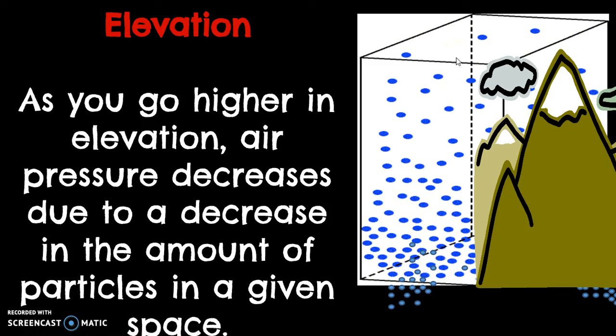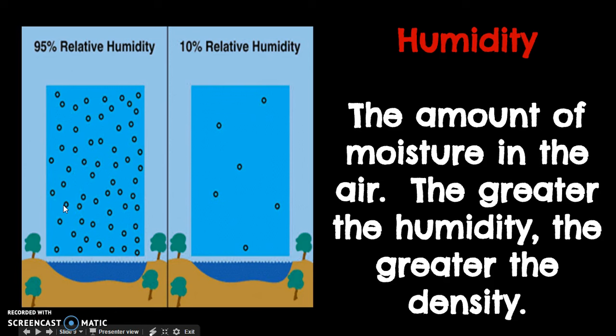Another factor other than temperature and elevation is the humidity, or the amount of moisture that is in a given amount of air. The greater the humidity, the greater the density. If you notice, with a high relative humidity, which is typically what we experience near the coast, we have lots of water molecules in the air, whereas in a lower relative humidity, the air is drier.